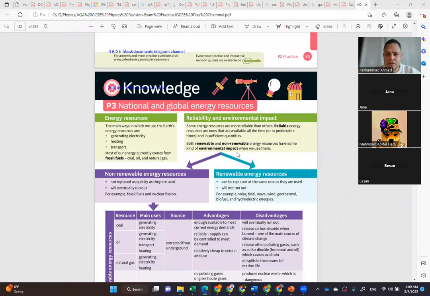Non-renewable energy resources are not replaced as quickly as they are used. So if you have some fossil fuels, and if you use them a lot, after a certain amount of time, they're gonna finish. So the non-renewable energy resources, not replaced as quickly as they are used, will eventually run out.